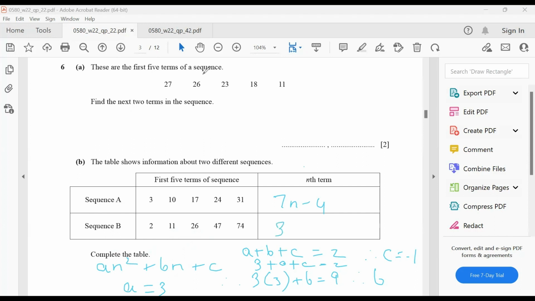So now our a is 3, so we can write 3n squared. Our b is 0, so we can leave that blank, and our c is minus 1, so 3n squared minus 1. That's your answer. Okay, let's move on to the next question.